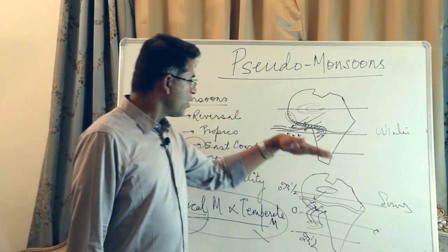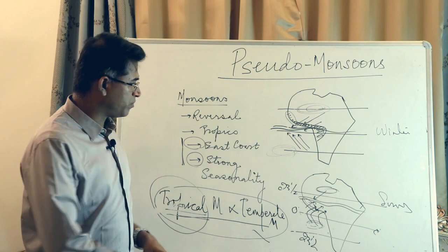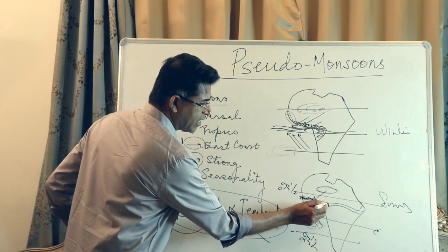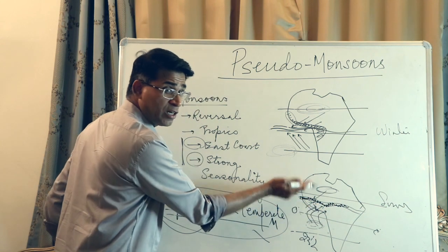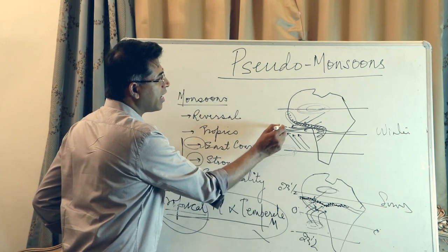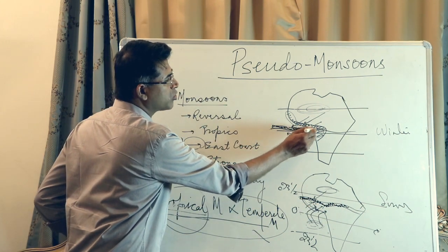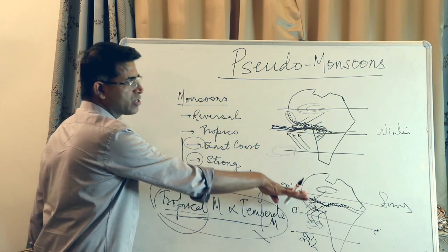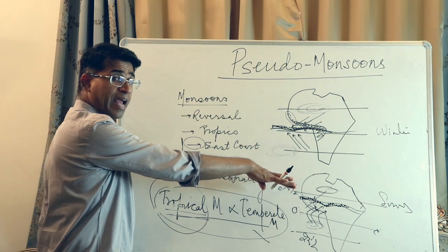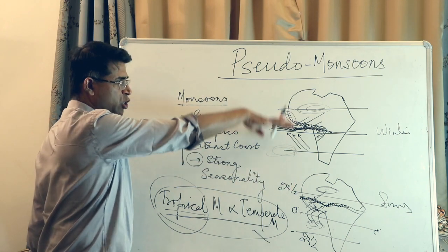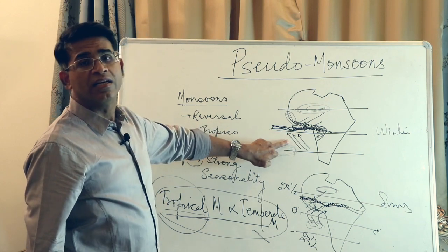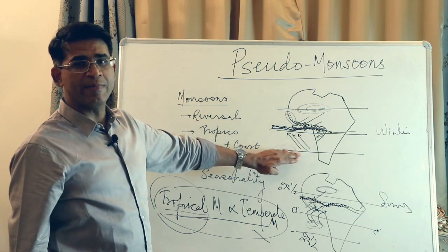And in the winters, when the ITCZ has shifted down, you can see this, this is the ITCZ, which has moved further tropicwards. This is the ITCZ almost along the equator. In the summers, the ITCZ has gone northwards towards the Tropic of Cancer. In the winters, it has shifted down. When it shifts down, the southeast trades are back in the southern hemisphere.